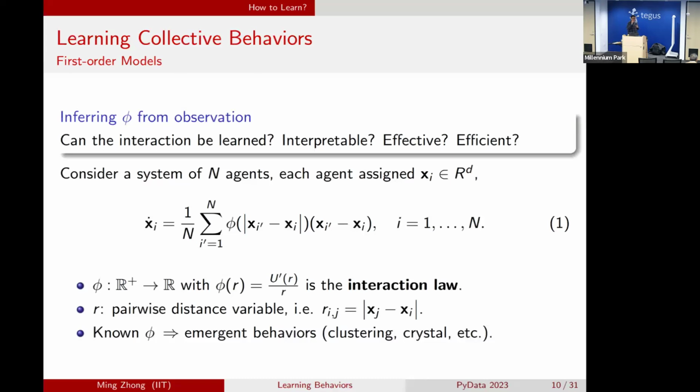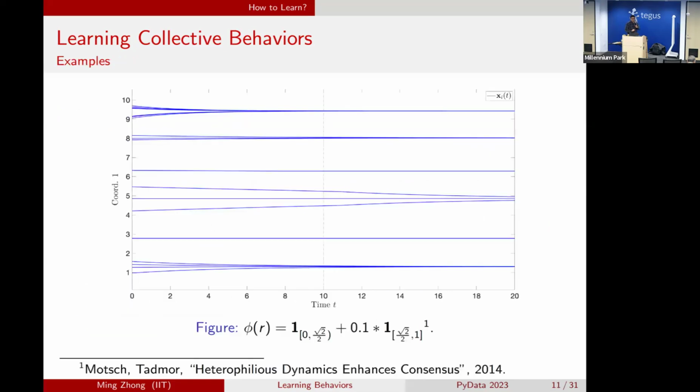Okay, and if I know this interaction kernel, I can induce patterns. I can induce crystal formations. I can induce clustering of opinions if I put certain properties on phi. For example, if I let phi be compactly supported and positive, but only have values up to 1, then it forces all the opinions to form clusters.